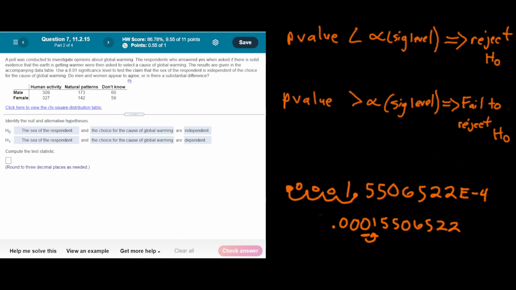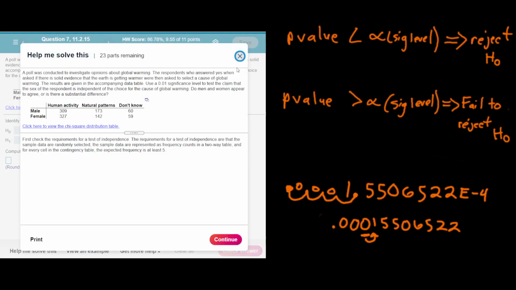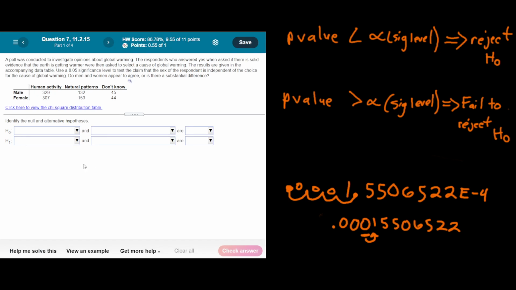Okay, so how about I start this over from scratch so you guys can see where I'm coming from. Okay, so what do we have here? Well, they gave us a nice little table. It shouldn't be too difficult. On the left, we have gender, male and female. That's the gender category.